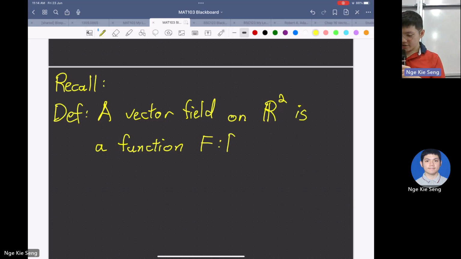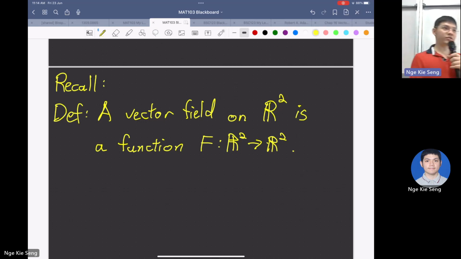If it is a vector field on R3, then it is a function from R3 to R3. So I give you a point in R2, you give me a vector in R2.